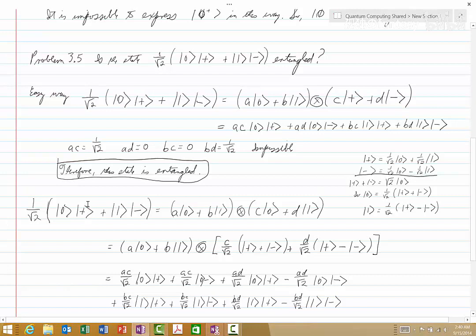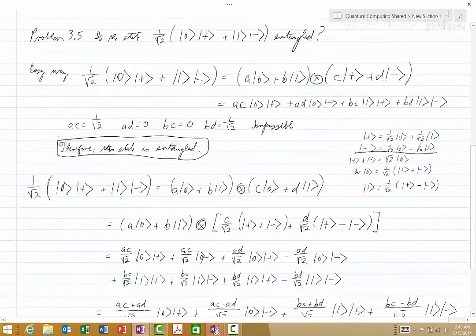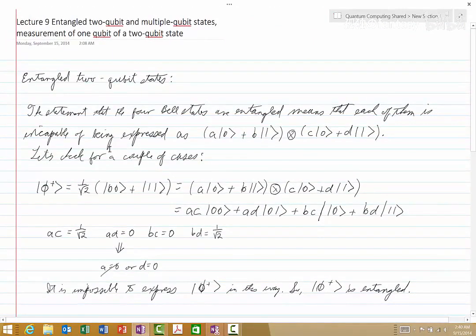When you look at a multiple qubit system and you're trying to determine if it's entangled or not, it might pay off to think carefully about which basis you want to use for each qubit in the multiple qubit state. So that is our discussion of entangled 2-qubit states.